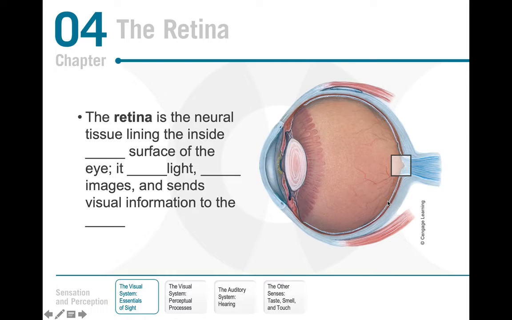So your retina doesn't just absorb light, it processes a whole bunch of information concurrently, very quickly. So it's almost like a very advanced computer chip in each of your eyeballs, that processes that information and condenses it in such a way that you can send bits of information that are usable to your brain.